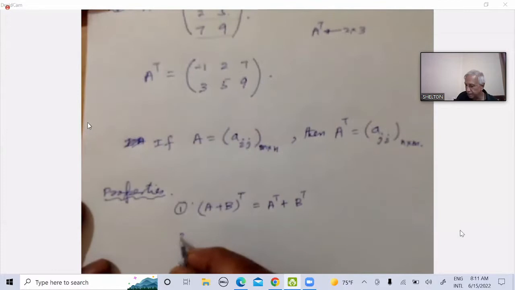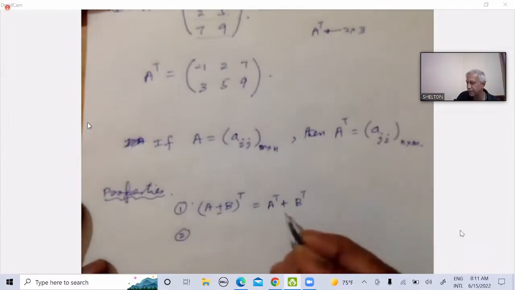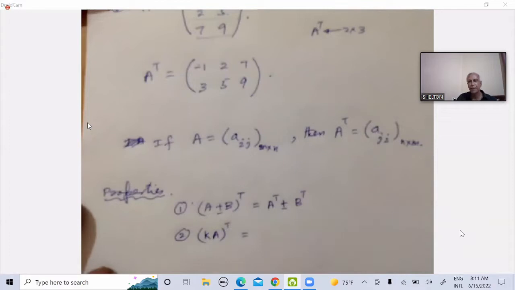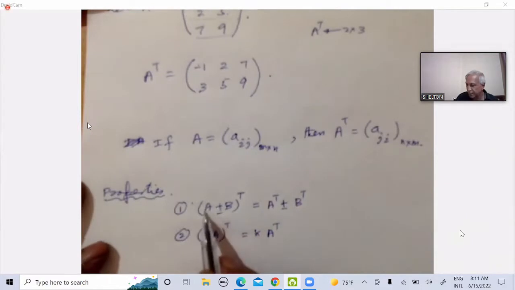Second one, if it is minus, we know it is minus, so let us not waste a line for that. (kA) transpose is the same as k times A transpose. So constants can be pulled outside. If k is common to every entry of A, it will be common to every entry of the transpose also.